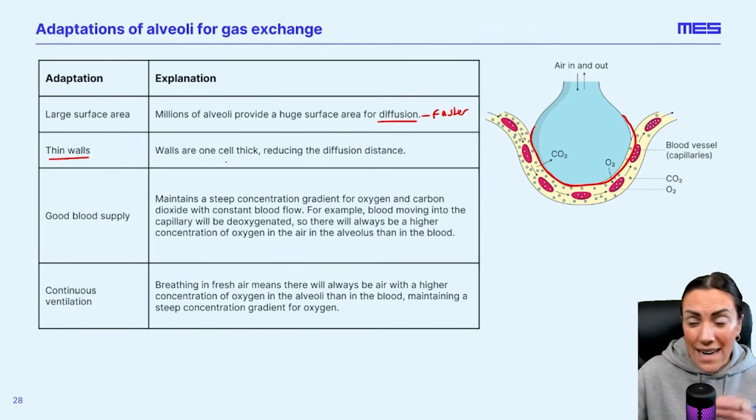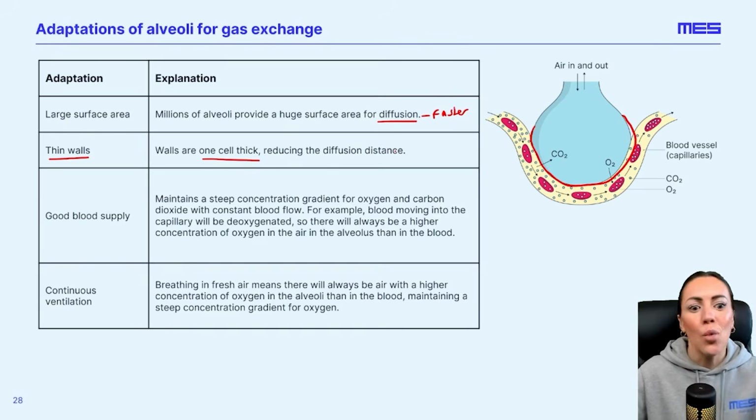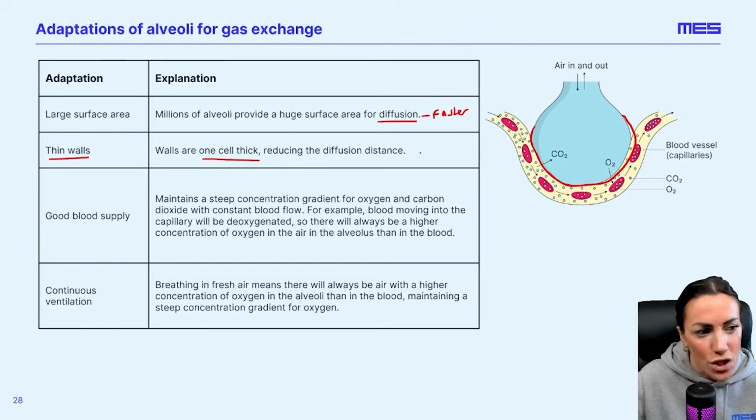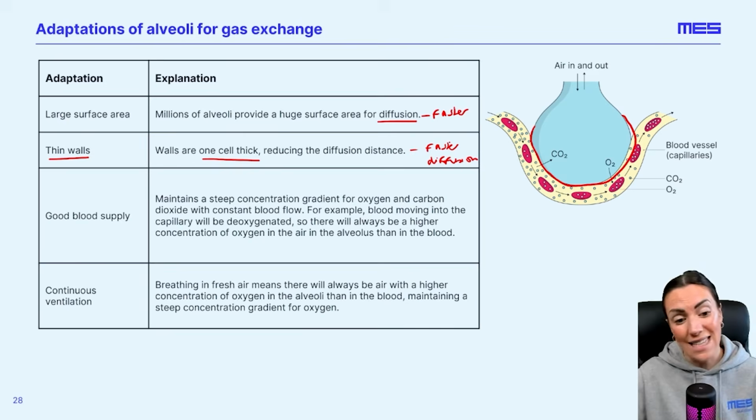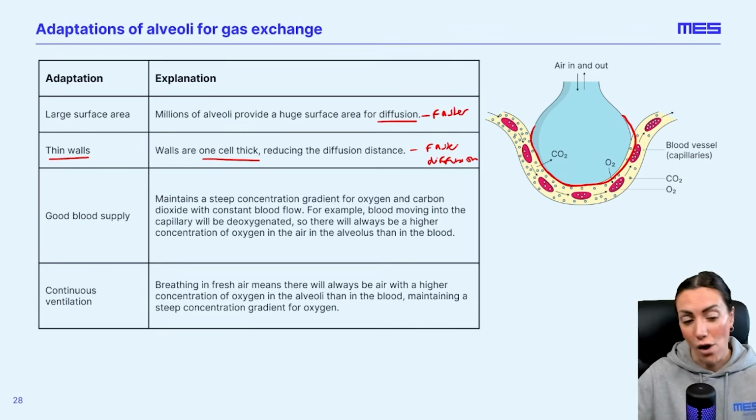Those walls are thin. In fact, they are just 1 cell thick. That is going to reduce the diffusion distance, or we can say there's a short diffusion pathway. So again, faster diffusion, simply because there's less of a distance that those gases have to travel across.